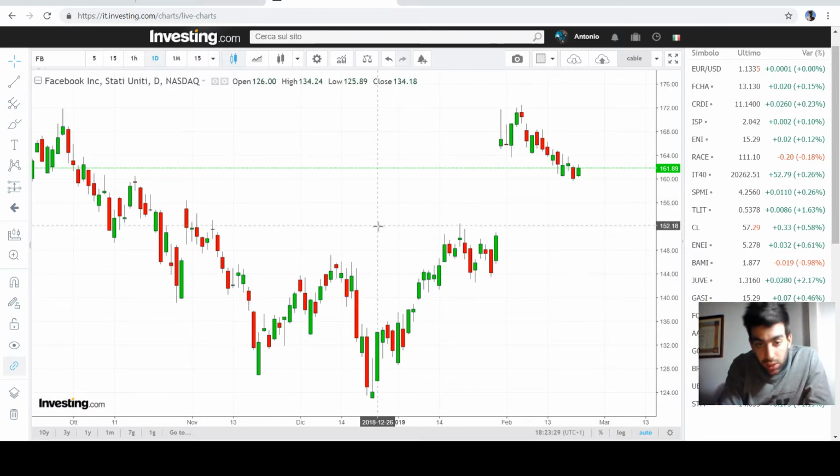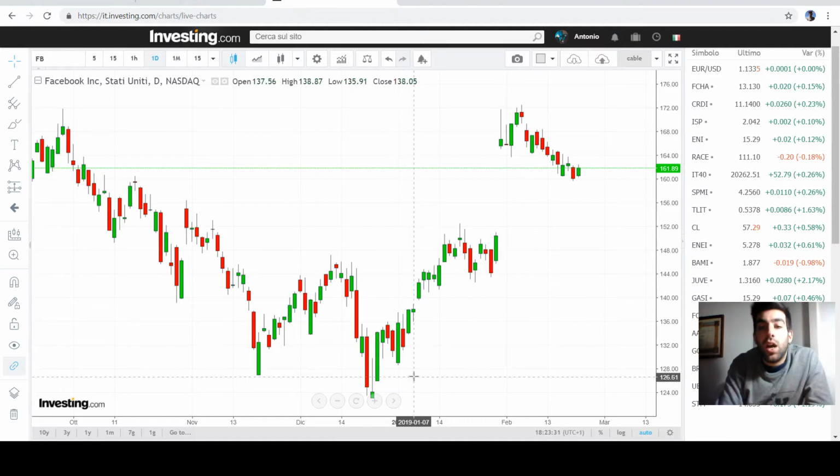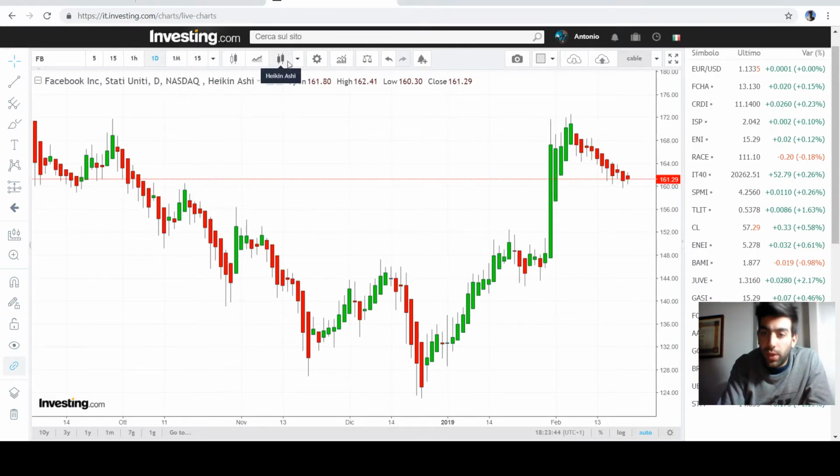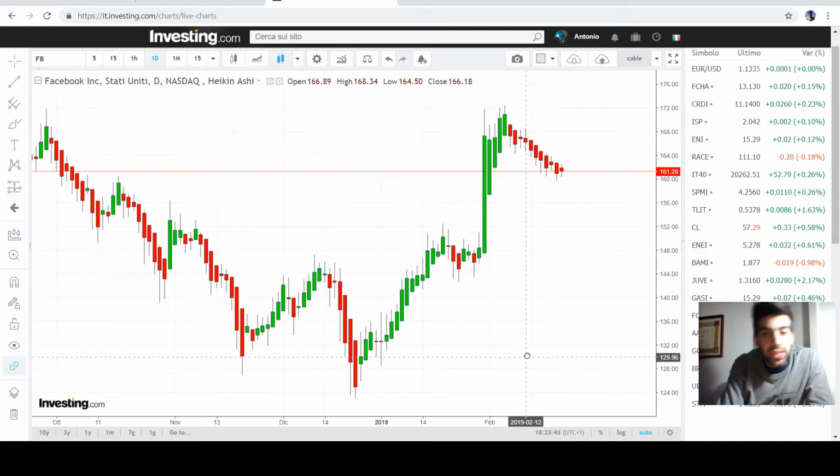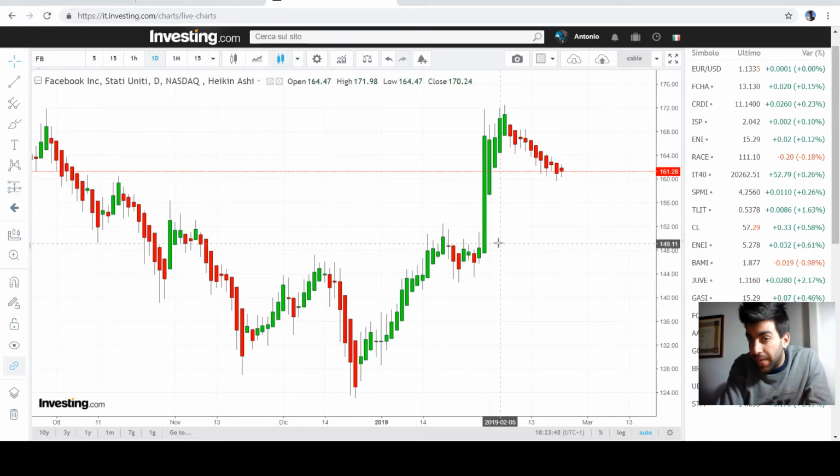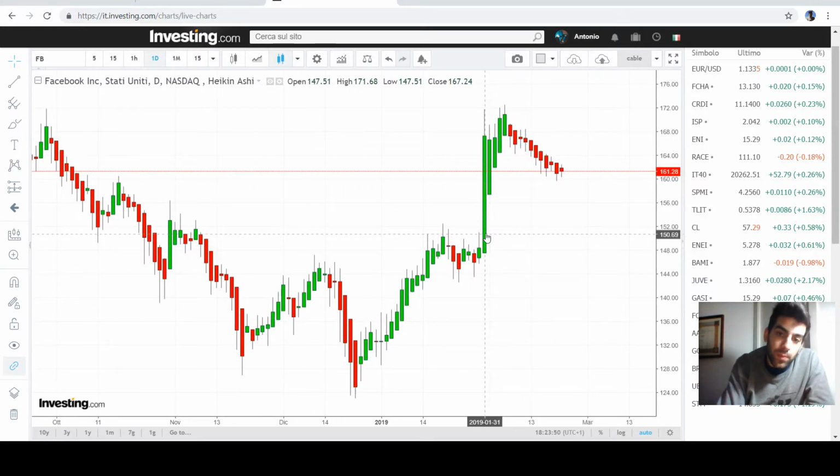We see here lots of fluctuation, a lot of gaps, lots of noise, white noise everywhere. How to remove this white noise and this fluctuation which disturbs the trend? With the Heikin-Ashi charts, which is this one. The first thing we see is that the gap has been eliminated, as I said before.